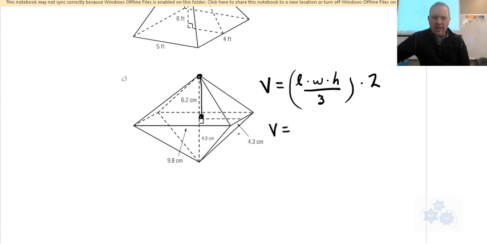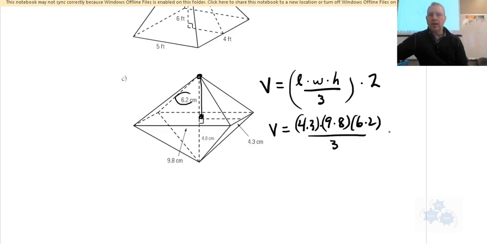So what do we have? We've got 9.8 times 4.3. So 4.3 times 9.8. And what's the height? 6.2. And we're going to divide that by 3, and then we're going to multiply all of that by 2. That should be your volume. So go ahead and finish that one off there.